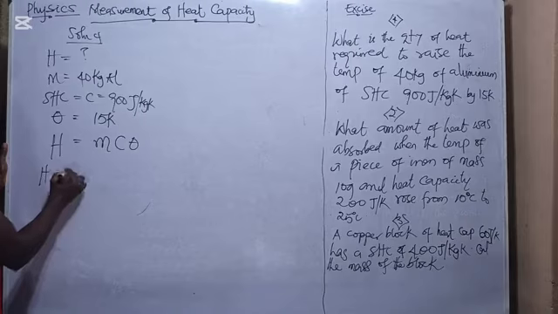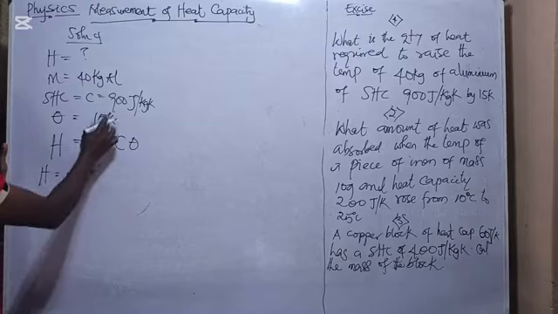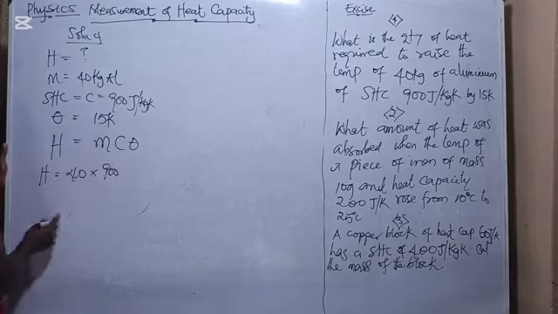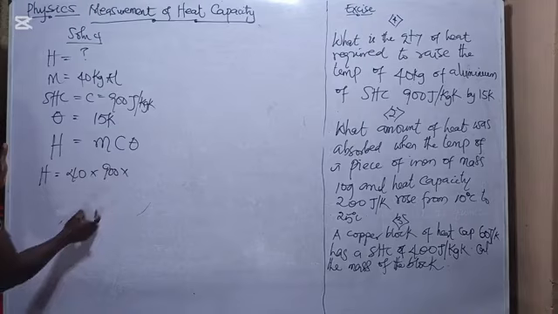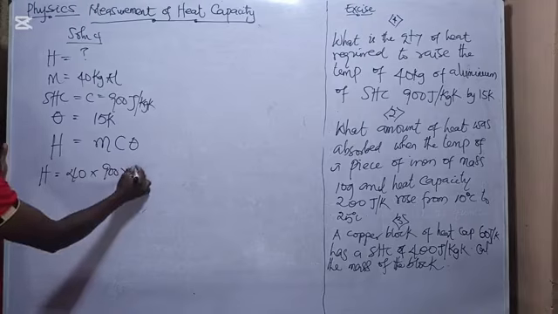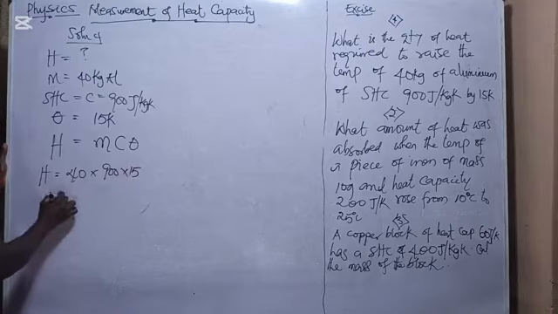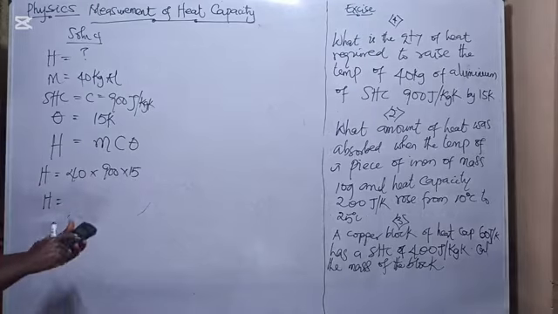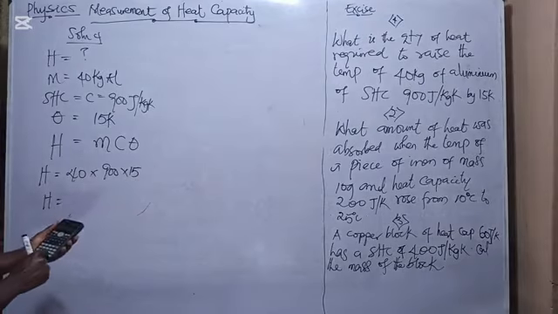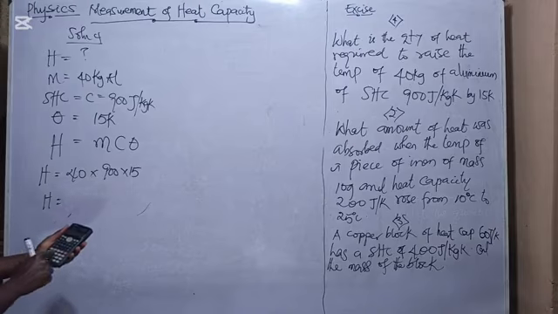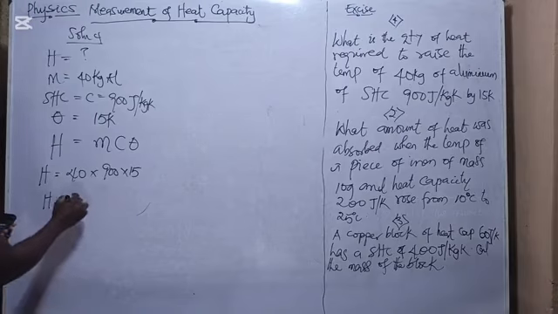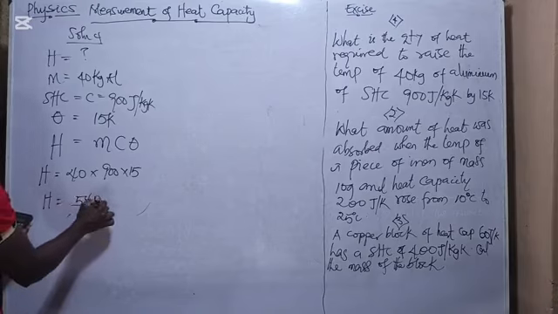We have the mass as 40 kilogram, then specific heat capacity is 900, then the temperature rise is 15. So if we multiply this, we have 40 times 900 times 15. That gives 540,000.